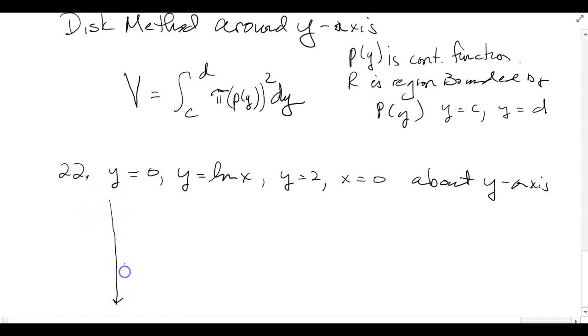So here we have our y-axis. It's an ln function, which is a pretty basic function. It goes through 1 and looks something like this, right? There's your ln function. We're going to do this function from y equaling 0 to y equaling 2. So here's y equaling 0.